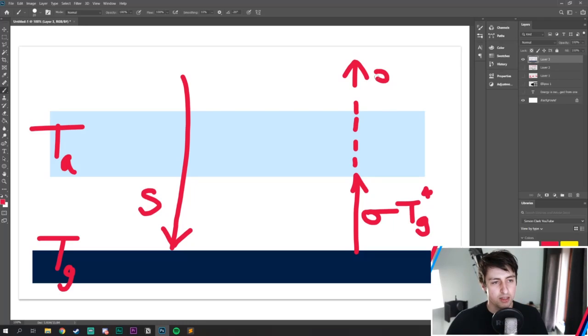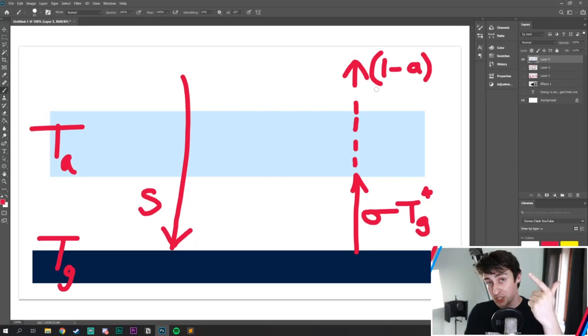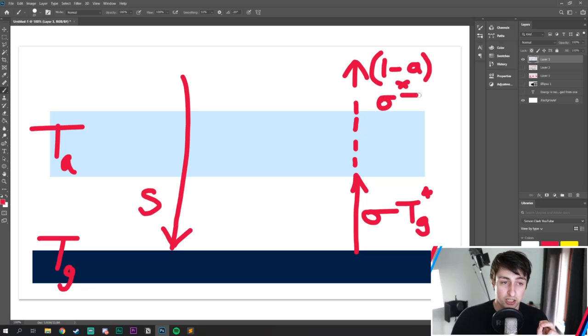We write that as the transmittivity of the layer. What I'm going to do is write that as 1 minus a, lowercase a. That is the absorption coefficient of the atmosphere, and the logic there is that the transmission plus the absorption equals the total amount of energy. We're not assuming any reflection that's going on. 1 minus the absorptivity is the fraction of that radiation that actually escapes to space.